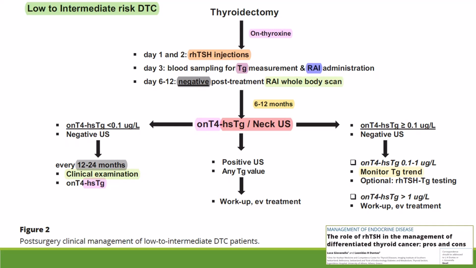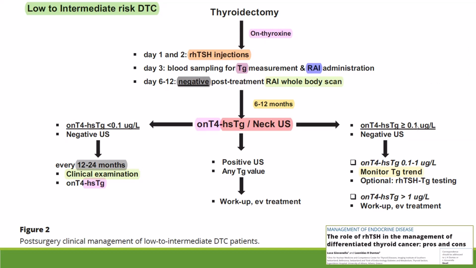The patient already on levothyroxine. And actually, each time you do high sensitive thyroglobulin, you should do TG antibody. If a TG antibody or neck sonography are positive, or any TG value, we should work up and reevaluate and reassess the treatment of recurrence.